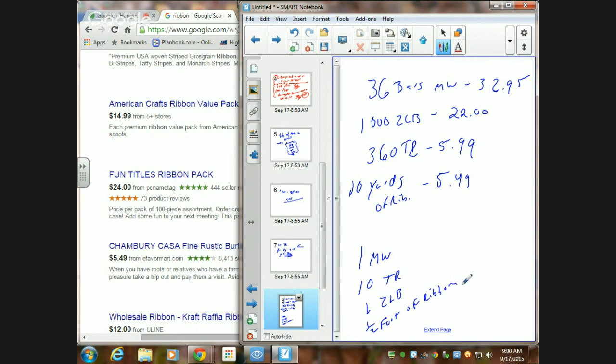All right, now that last one is going to challenge you, because I'm asking for 1/2 foot of ribbon. What is your ribbon currently measured in? Yards. You got to convert it first, then find out how much 1 yard or 1 foot costs you, and then what? Cut it in half.